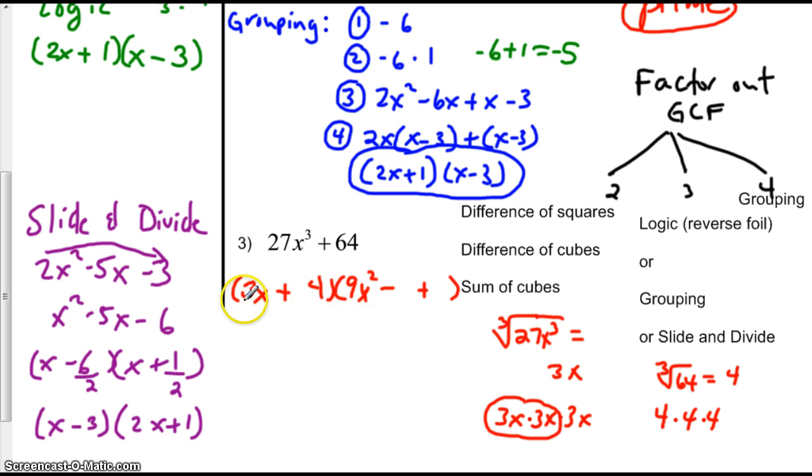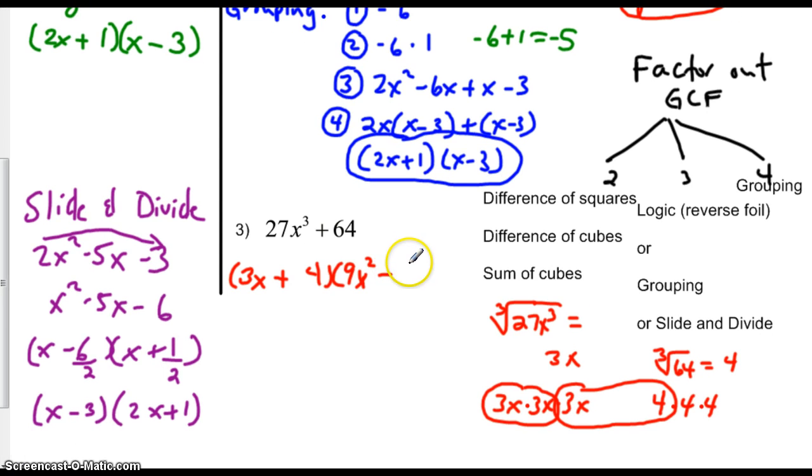We're going to multiply 3x times 4. So 3x times 4 would be 12x. I need to make some more room here. So we have 12x. And then our last would be to square our 4. So 4 squared is 16.